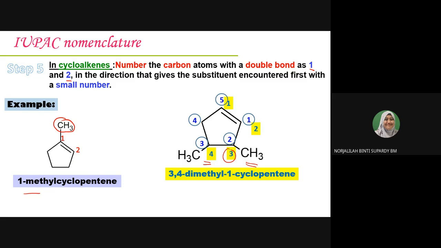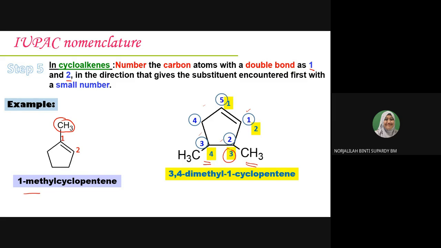Then we also have another way to number the carbon, so that carbon number 1 starts from here, then carbon number 2 clockwise, 3, 4 and 5.